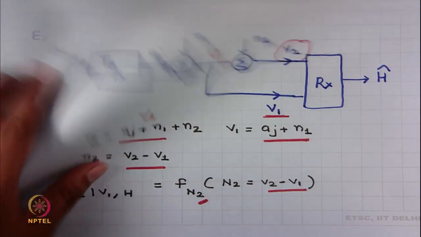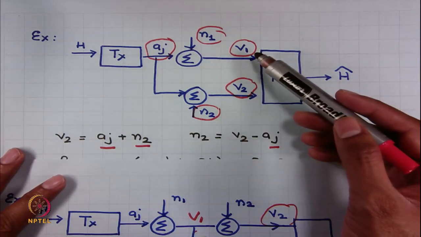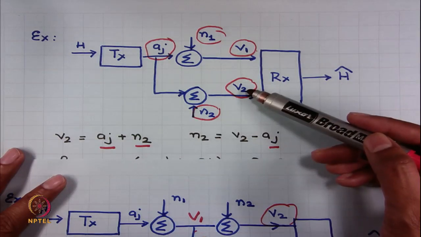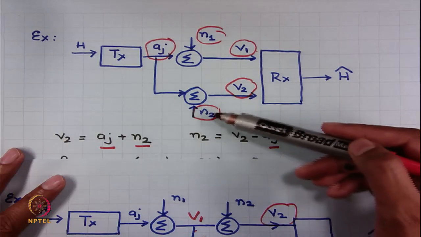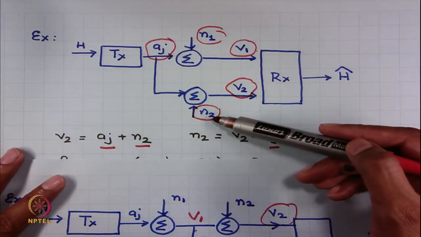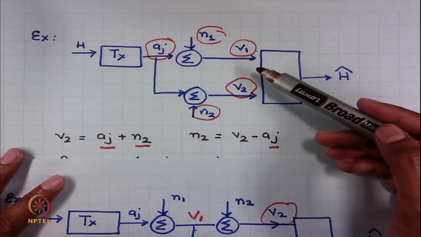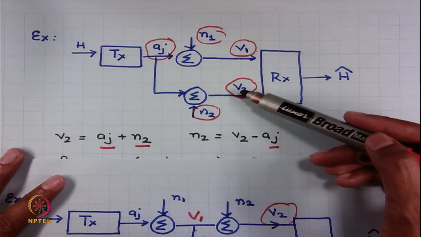If I look at the first example, here the hypothesis is present in both V1 and V2, and as I have said, it is possible that the noise amplitudes might be very small. Because you have the hypothesis in both branches, this is of course not an irrelevant statistic.